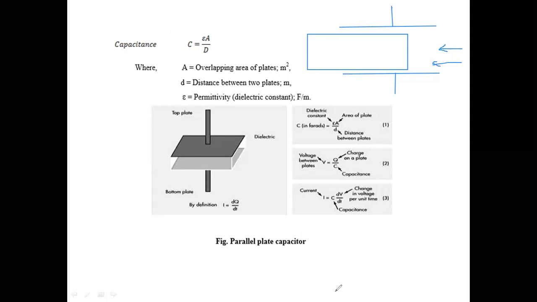What will happen? Capacitance varies. Why? Because from this point to this point, this is a plate, this is a plate. I have two parallel plates here, so that is the capacitor.